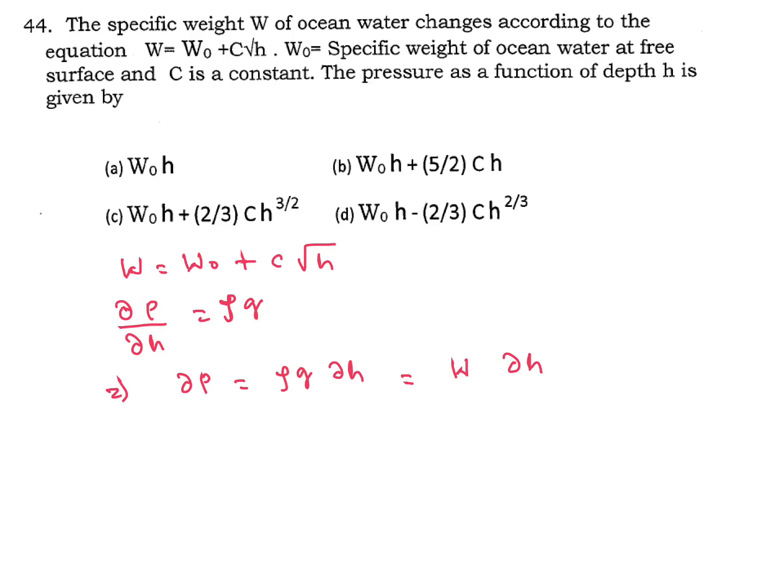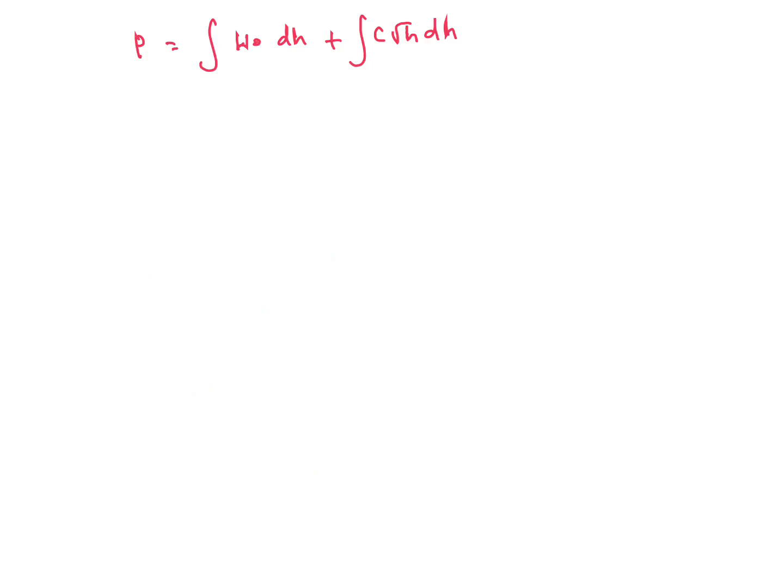So P equal to integration of W0 plus C root H whole into dH. Then if we integrate, W0 is constant, integration of dH is H. C is constant, H to the power 1 by 2 plus 1, divided by 1 by 2 plus 1.